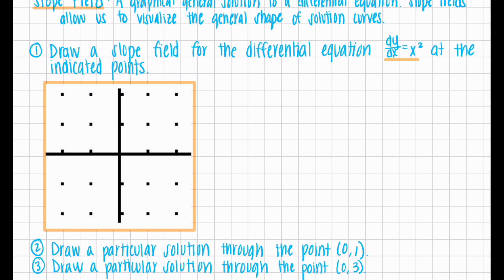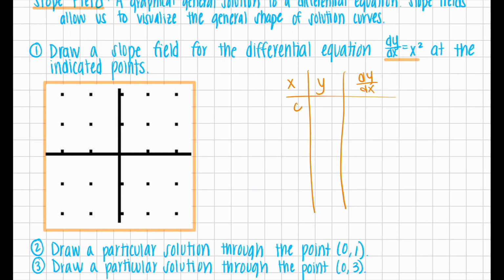The way we draw a slope field is we look at the points that they've given us on our graph, and for every point, we want to draw in our slope. For this first example, I like to make a chart. If you can do this in your head, that's totally fine. Let's start with some of our x and y values.